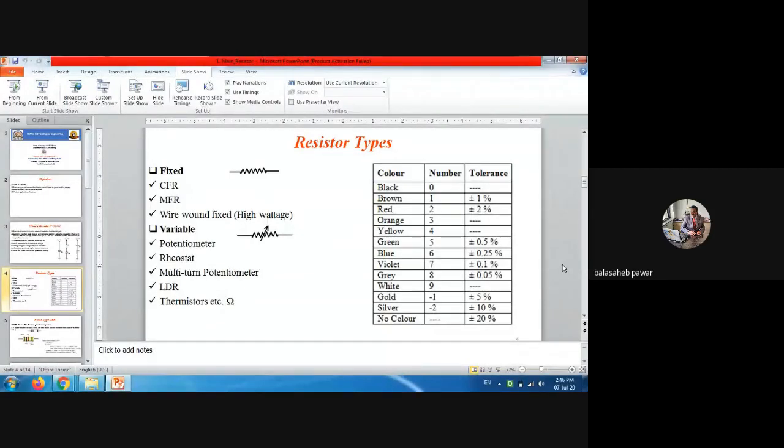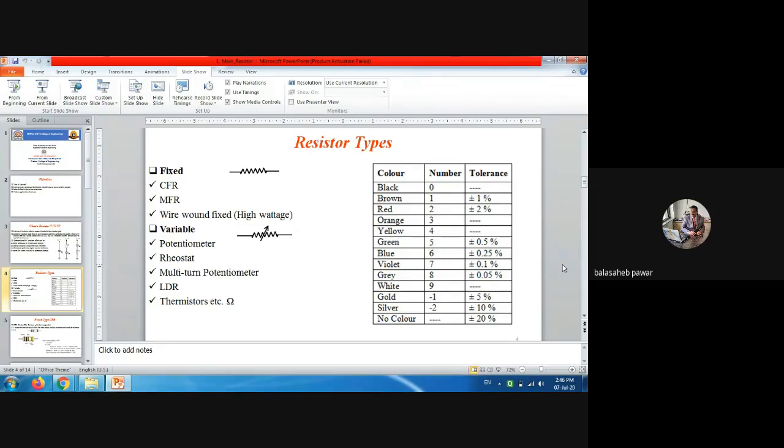Right? Yes, sir. Okay. So in that circuit, according to your problem statement, or according to our need, we determine the value of the resistor.